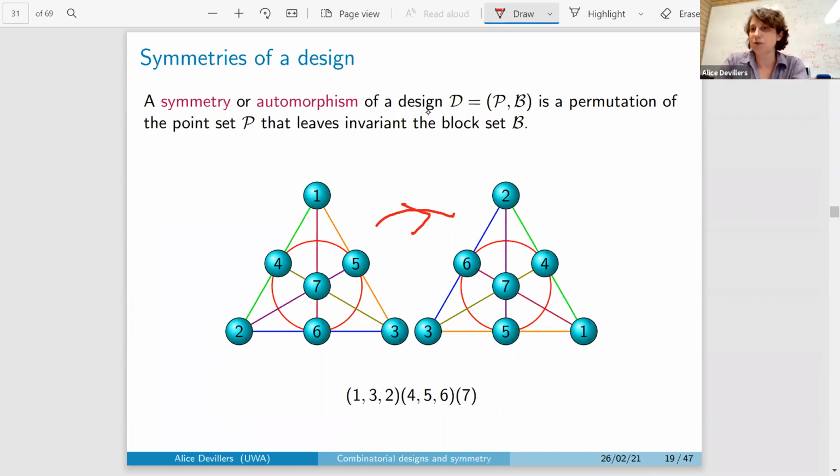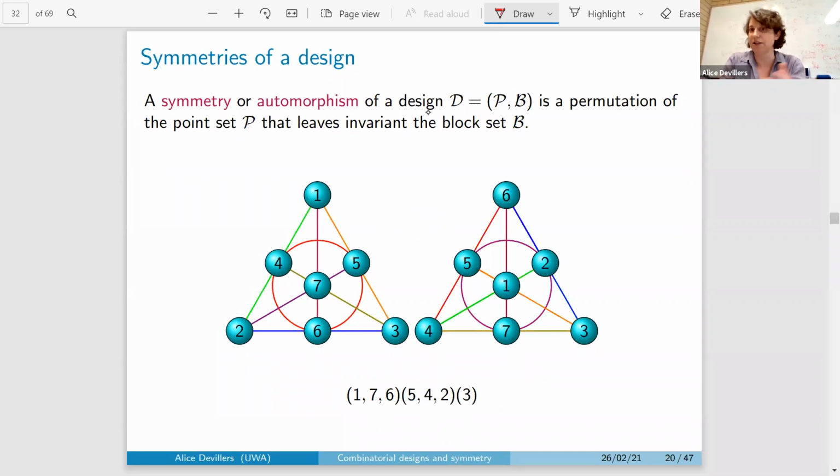But there are examples of symmetries where I cannot say it's a rotation. It's not something that comes from a Euclidean symmetry. For instance, this one here. This means I mapped point 1 onto here, the middle point, etc. So I permuted all my points, and again, the colors show how the blocks are permuted.